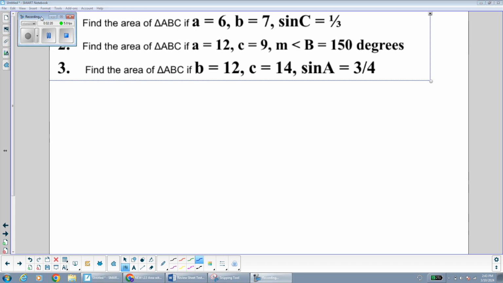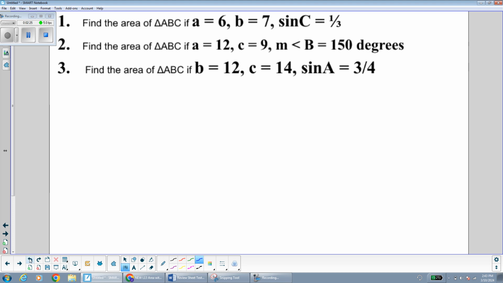Let's see how this formula is used in some questions. In question number 1, we're going to find the area of triangle ABC if side A is 6, side B is 7, and sine of angle C is 1/3. I'm going to draw triangle ABC for number 1, and I don't know it's a right triangle or anything like that. It's just some random kind of triangle here.